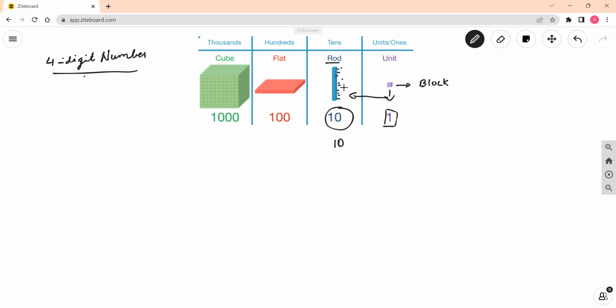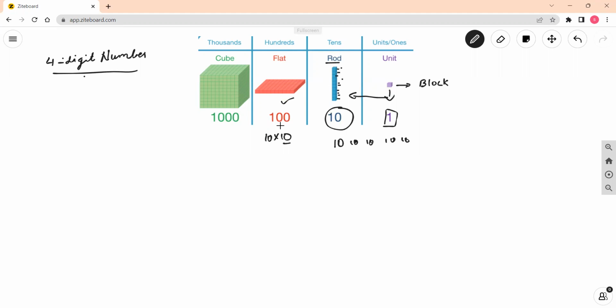And here, if we combine 10 of these tens together, we call it a flat. It forms a flat. So in this flat, we have 10 rods together. So that means we have 10 rods, and each rod consists of 10 blocks.